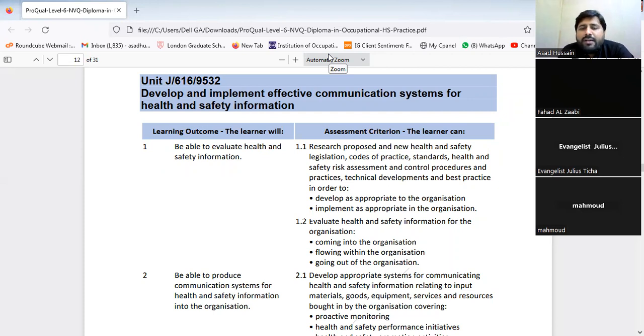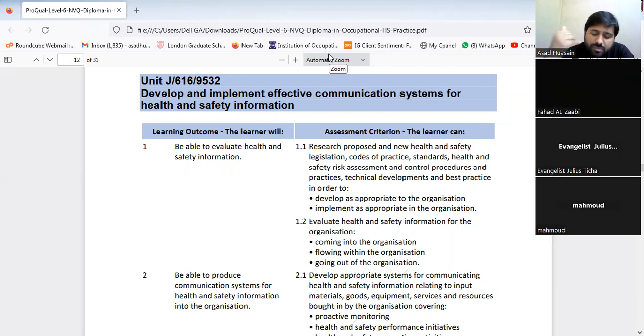And then your evidences will be, as I told you, HSE manuals, the IOSH manuals, IOSH updates, HSE bulletins. When it comes to flowing within the organization, we have TBT, training sessions, review meetings, safety stand down, meeting minutes.